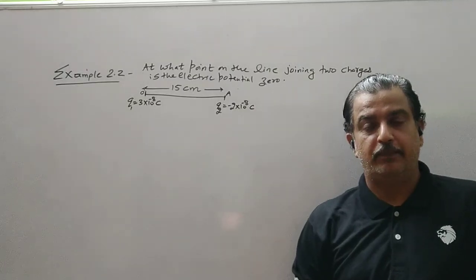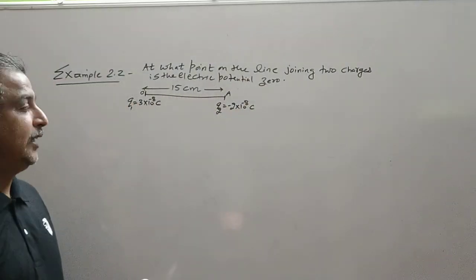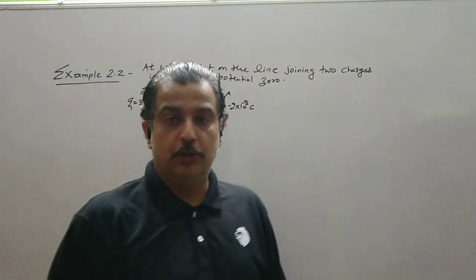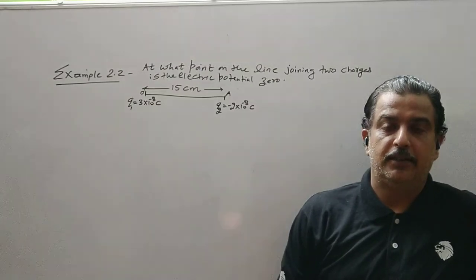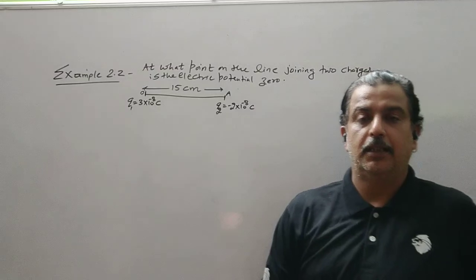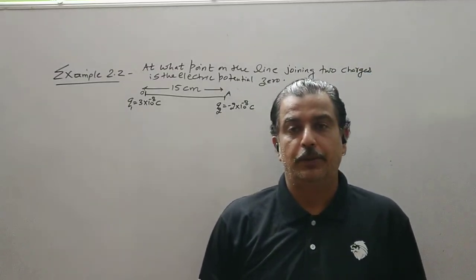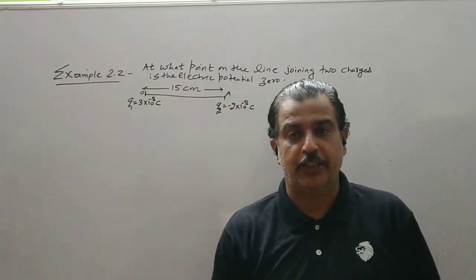In the first chapter, we found a point where the electric field was 0. Now if there is no electric field, it may be possible that the potential is 0 at that point. There are two possibilities. If the electric field is 0, we will say the potential may be constant or the potential may be 0.